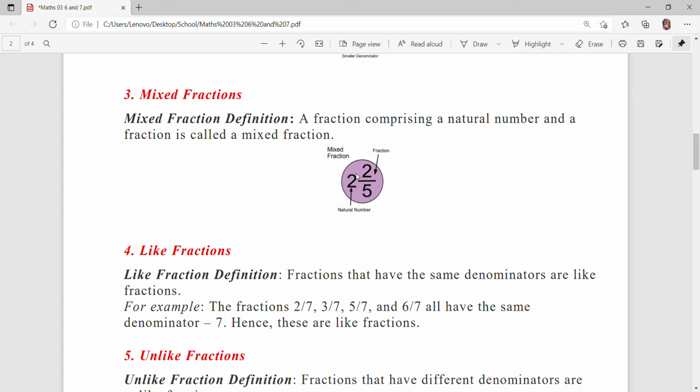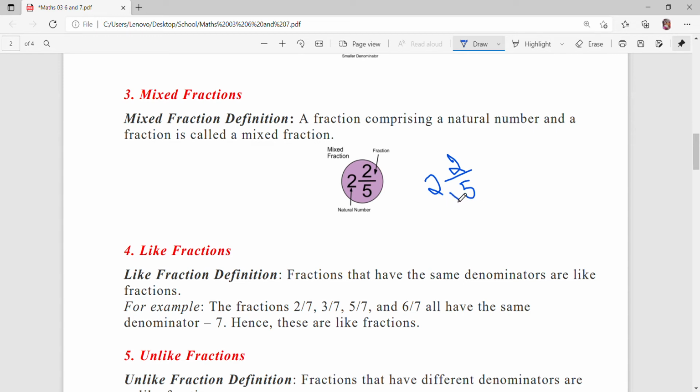Did you understand? How is it converted into a proper fraction or an improper fraction? Let us see. We should multiply this 5 into 2.